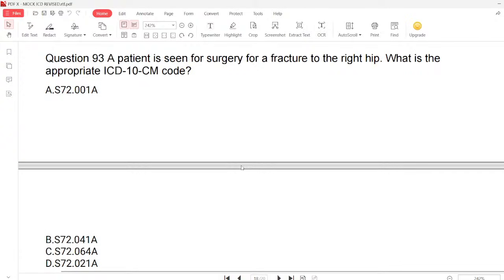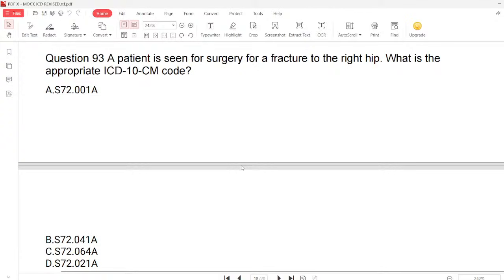B is the answer. Srijaya, no, actually, 001 is unspecified part of the neck. But here, right hip is mentioned. So the answer is option B.